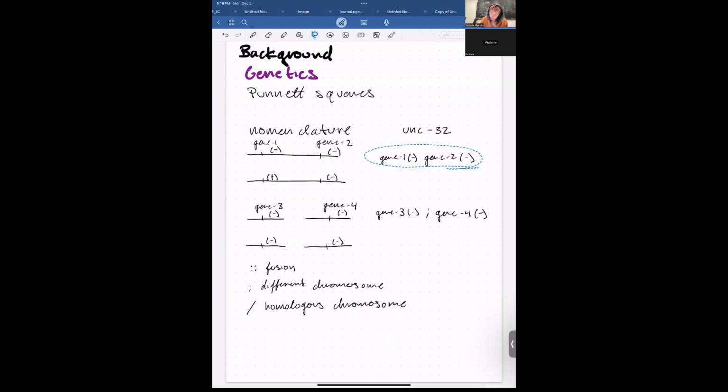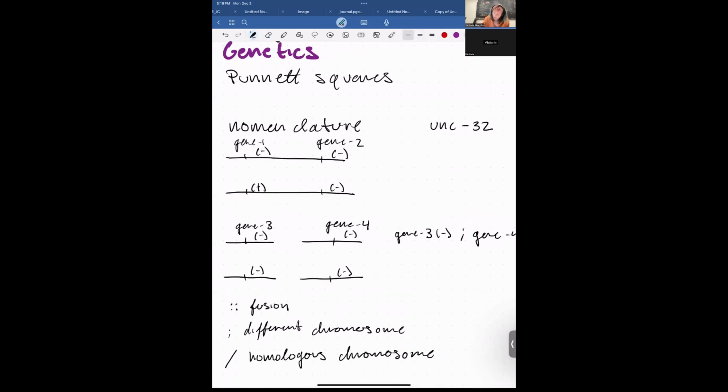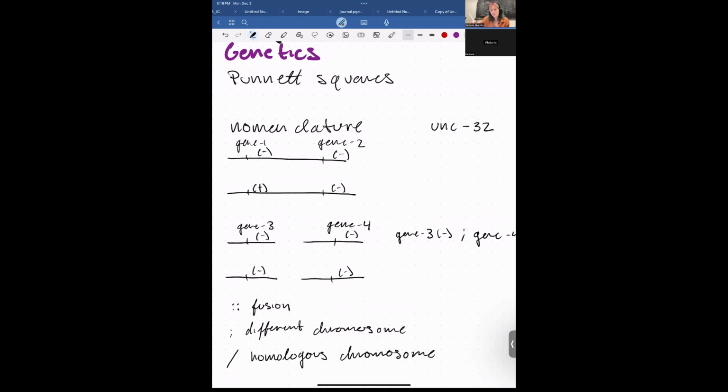Well, in this case, I need to write this a little smaller, so I'm going to erase it. In this case, because they're on the same chromosome, this would be written as gene 1 mutant, gene 2 mutant, and that is this chromosome's haplotype.